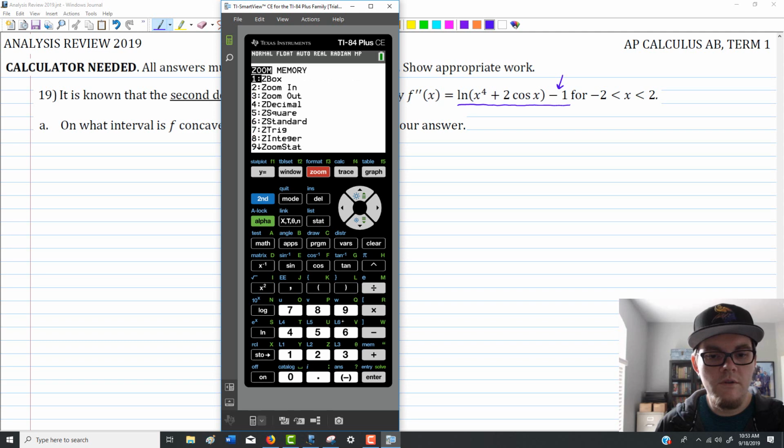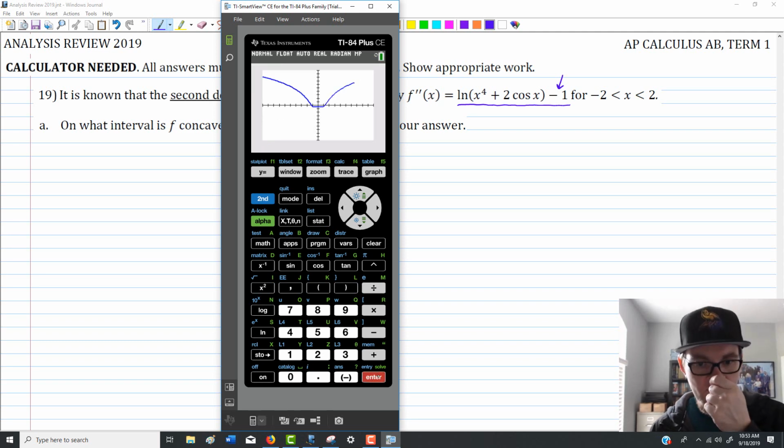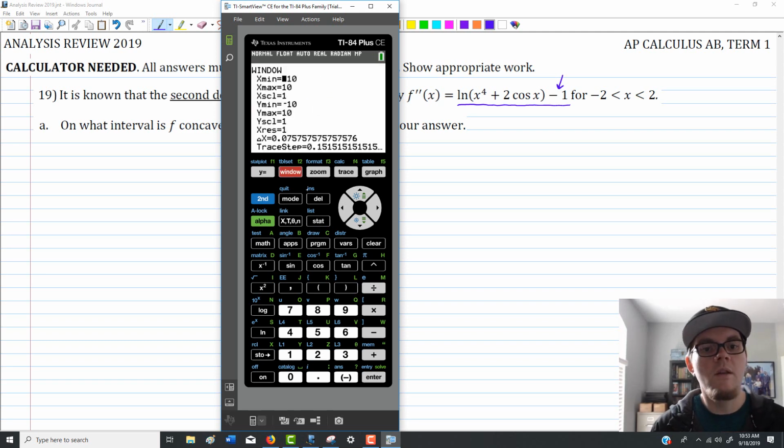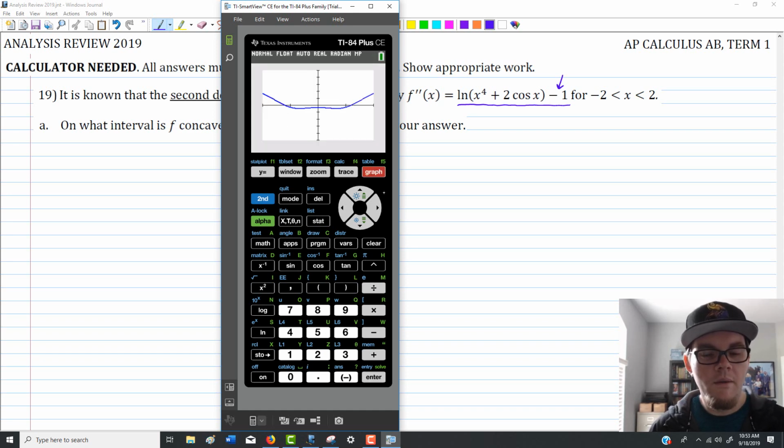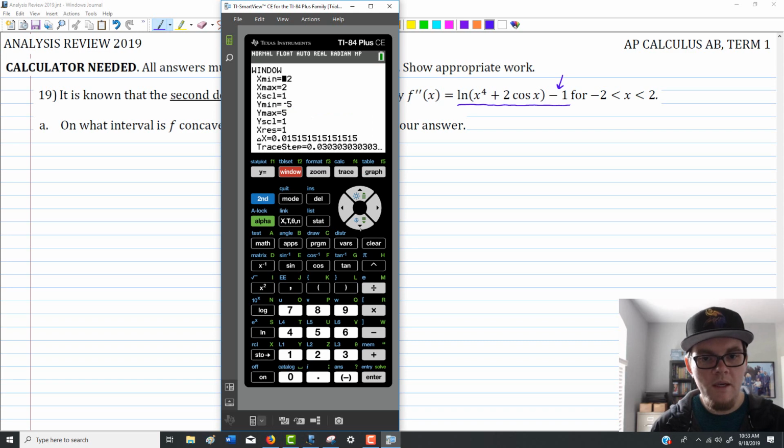So let's see what we got here. Let's go zoom 6. I know it's going to be only for -2 to 2. Okay, well, let's zoom in the window. -2 to 2, and let's go -5 to 5 to see if that does nice. There we go. Okay, so I might even zoom that in a little bit further. What the heck? Let's go -3 to 3.